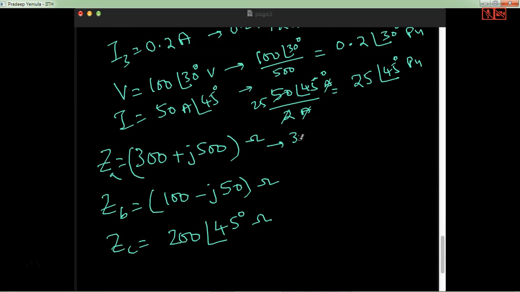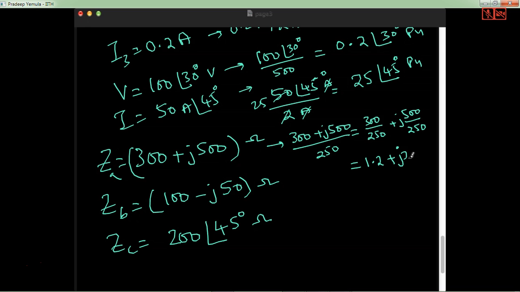So 300 plus J500 divided by 250. So this is nothing but 300 by 250 plus J500 by 250. So here this is 6 by 5, which is 1.2, plus J2 per unit, not ohms.